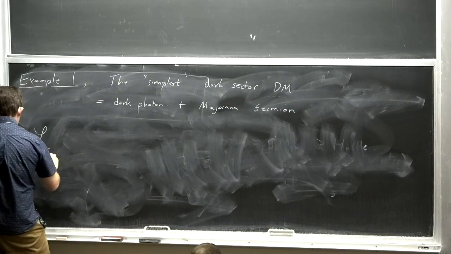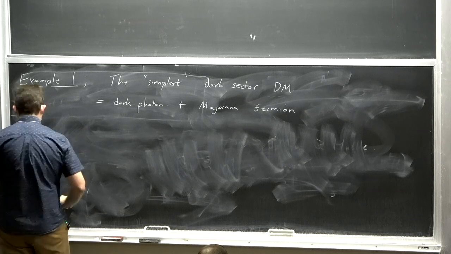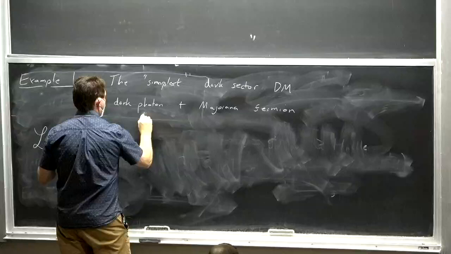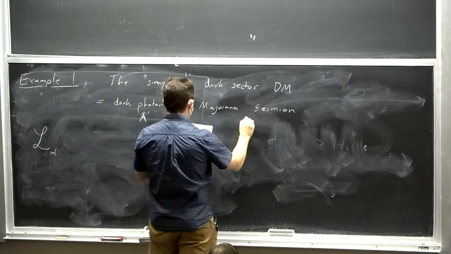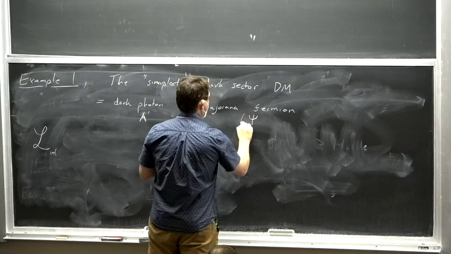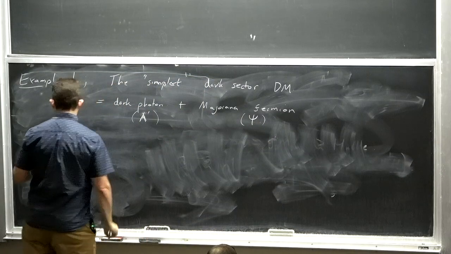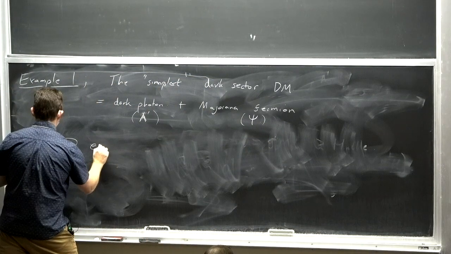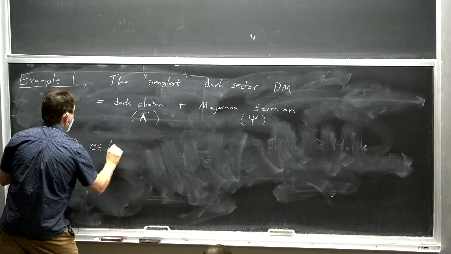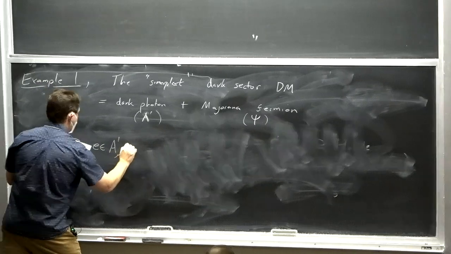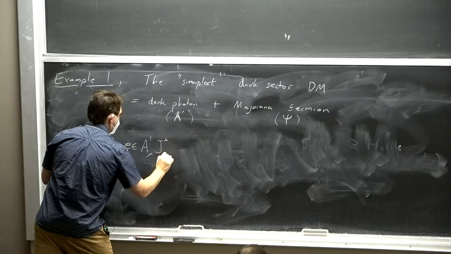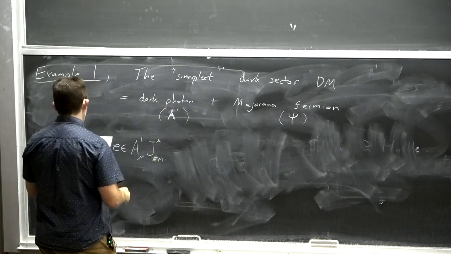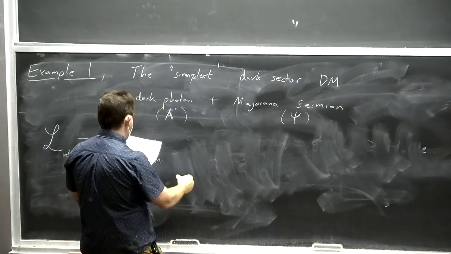And that is our interaction terms in this minimal model, let me give these names. We've got A prime for the dark photon, and then we'll have psi be the fermion. In the interaction terms, we'll have what we've been writing down multiple times before. We've got the dark photon coupling to the electromagnetic current. This is coming from the kinetic mixing, which I'm not writing out explicitly. We've diagonalized it away.